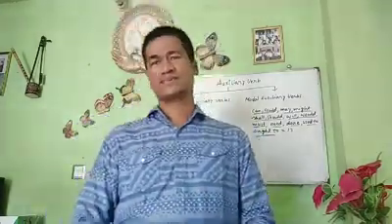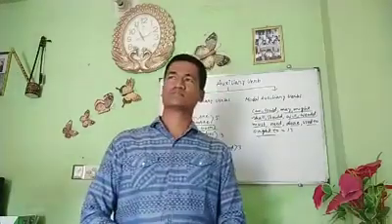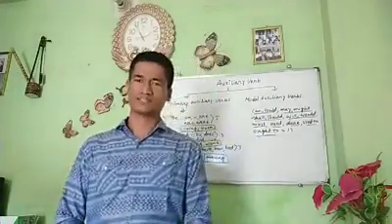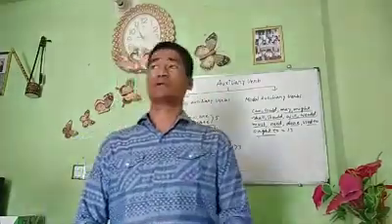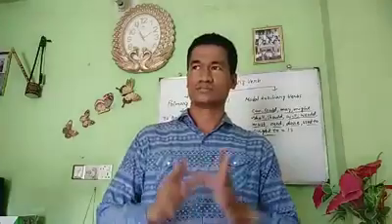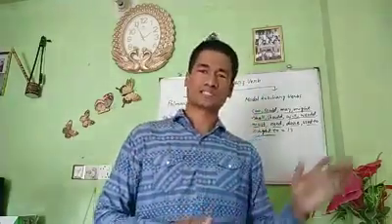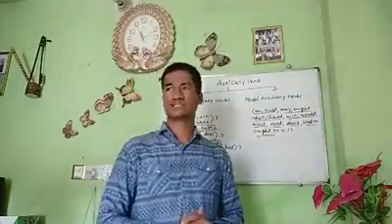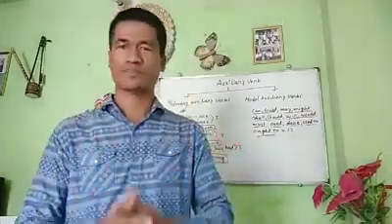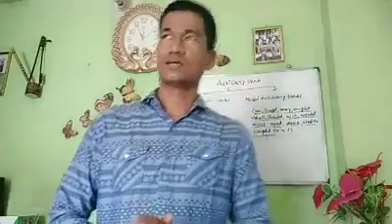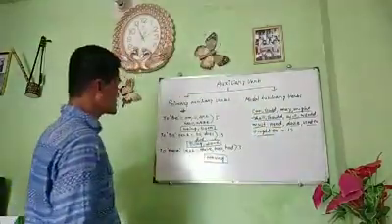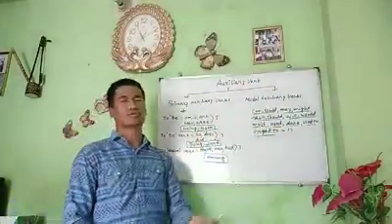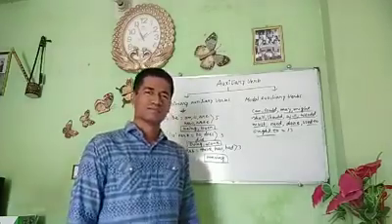That action happened in the past, is happening in the present, and will happen in the future. Now let's discuss the types of auxiliary verbs. In English there are two types of auxiliary verbs: number one, primary auxiliary verbs, and number two, modal auxiliary verbs.